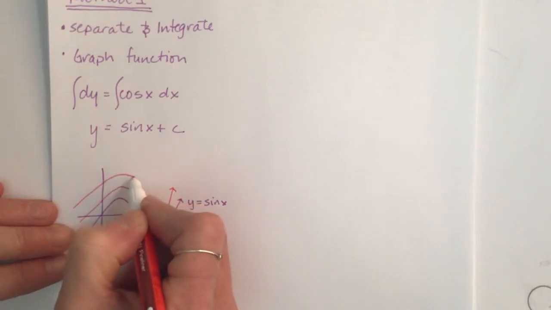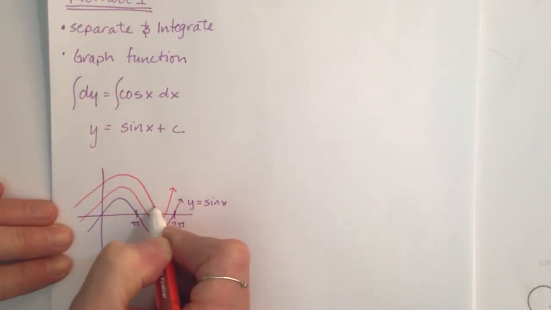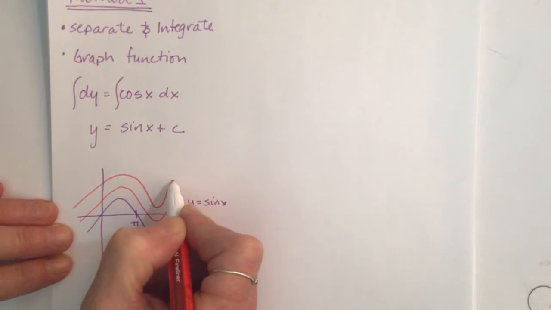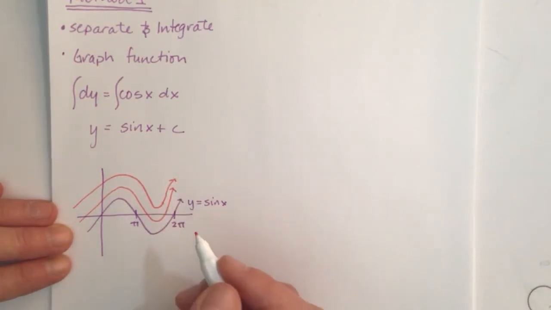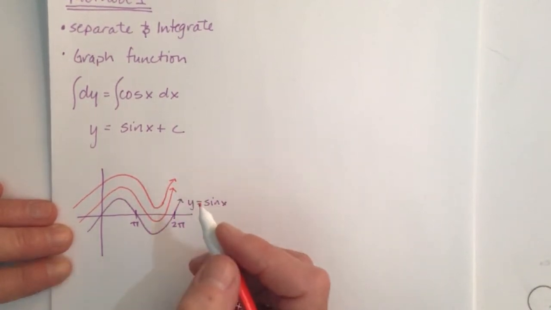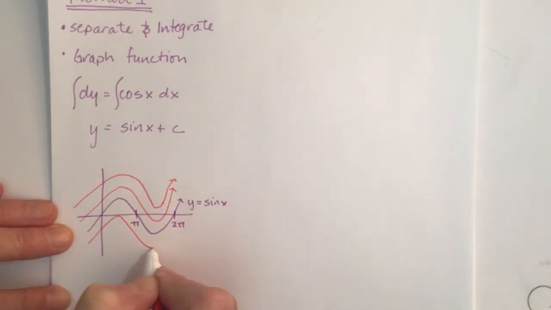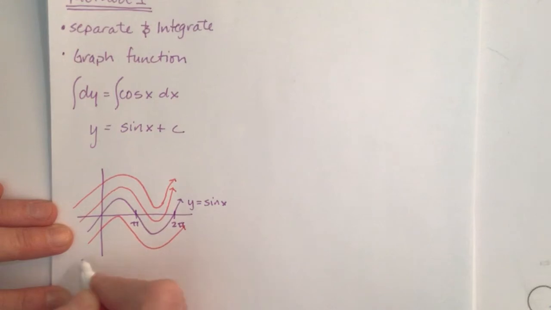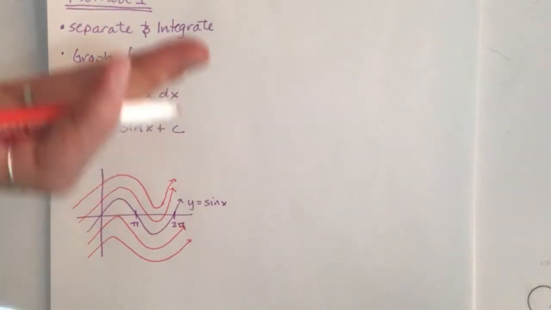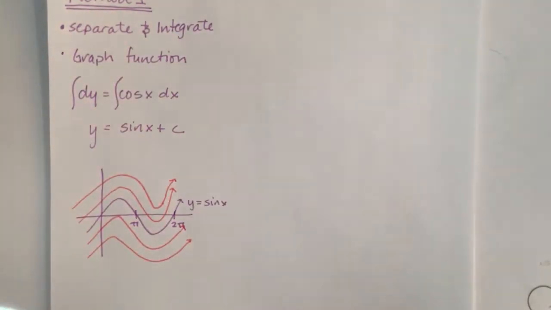And something like that. I'm not very good at it, right? And sine x plus 1. And this might be sine x minus 1, right? And it just keeps following that same curve. It just shifts up and down, right?